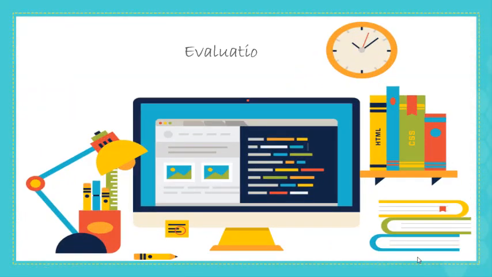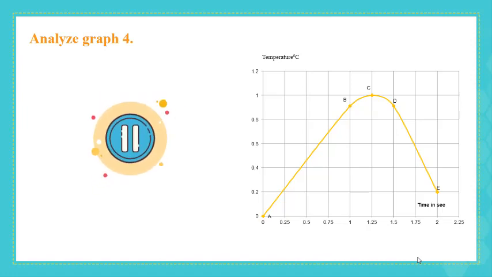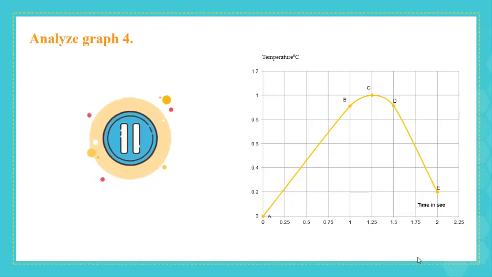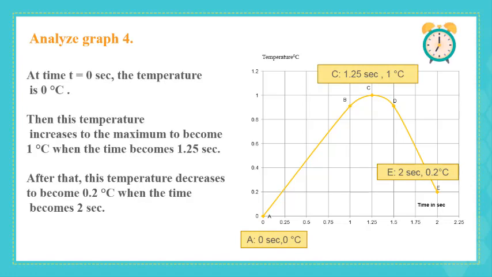Now, it's your time to evaluate your knowledge. Please stop the video and try to analyze graph 4. Don't forget any step. Have you finished? Let us correct. At time t equals 0 second, the temperature is 0 degrees Celsius.